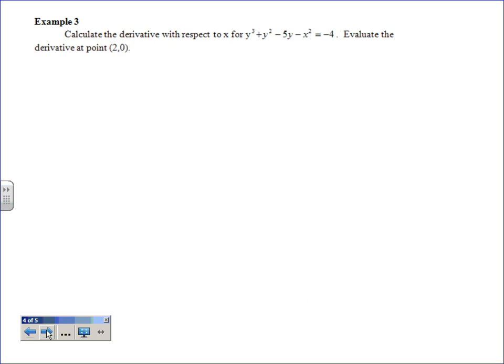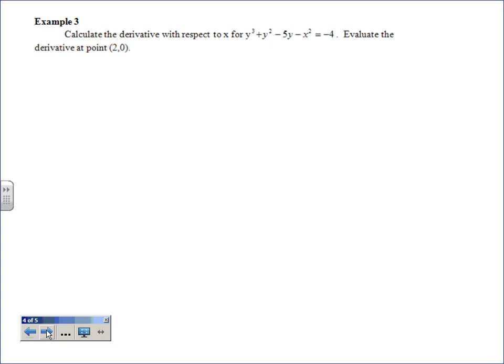Now, it's not that hard at all, actually. Calculate the derivative with respect to x for all of that. Hey, that looks familiar, too. Ooh, evaluate the derivative at (2,0). So (2,0) is a point where? Just some random point I chose and felt like it? Or it's a point on, yeah.